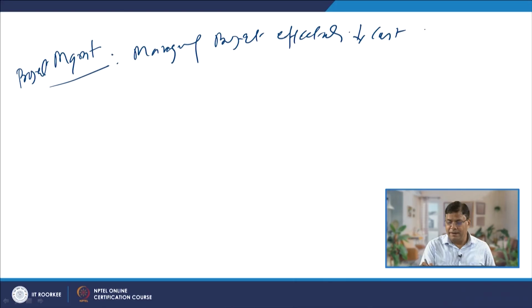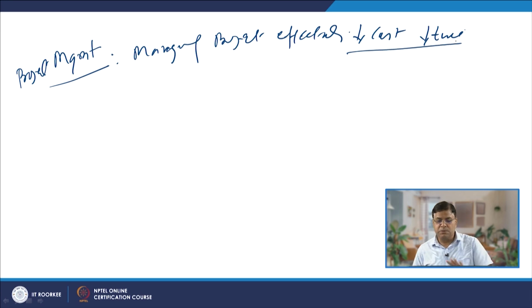So, we need to first understand what project management is and what a project is. Project management is all about managing a project effectively for successful completion at the minimum cost and minimum time.